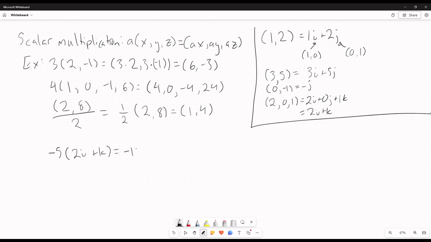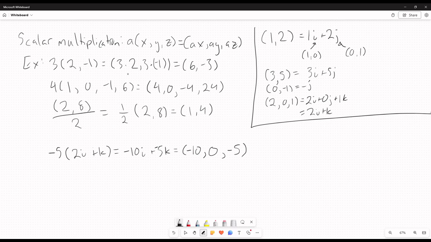That's going to end up being -10i plus -5k, which we would translate back to -10. That's the first component. It goes with i. Since there's no j, that means that this is just going to be 0. And since that k is going to be our third component, that's going to be -5.